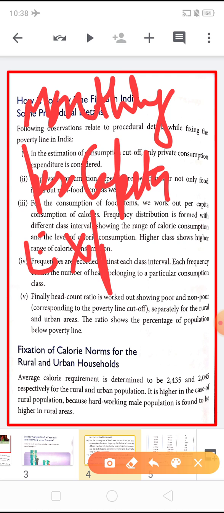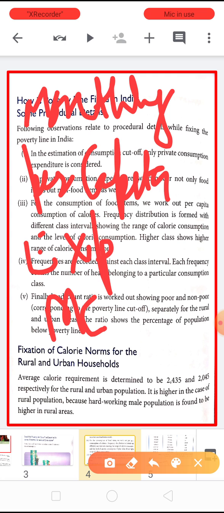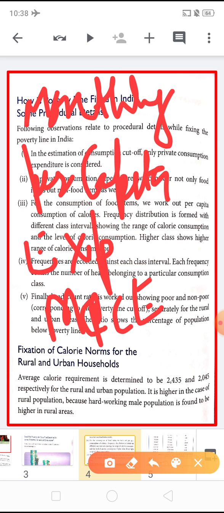In short, we can call it MPCE, monthly per capita expenditure. This method is basically used to determine the poverty line, and according to this method, the monetary value, that is the per capita expenditure of the minimum calorie intake, is calculated.